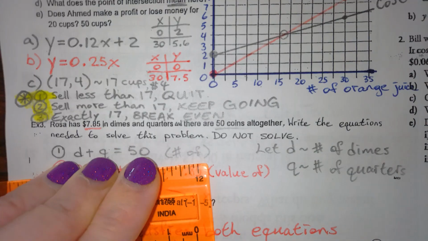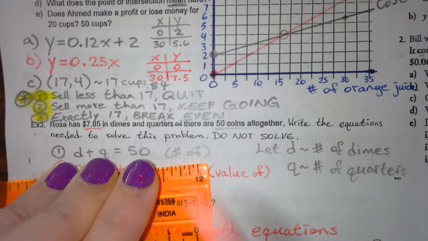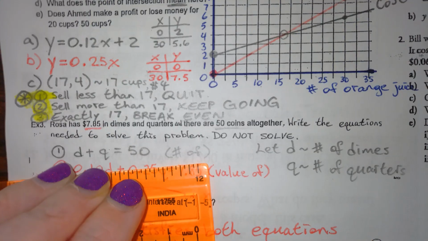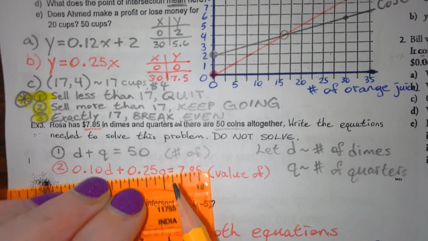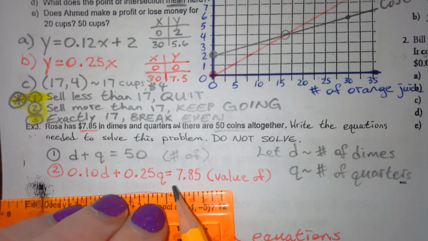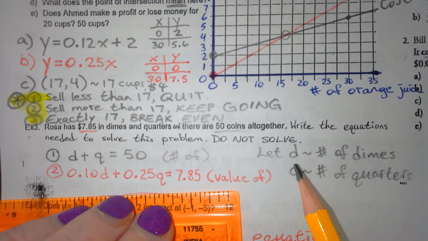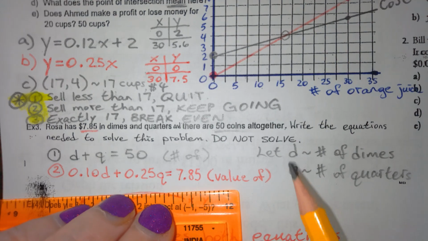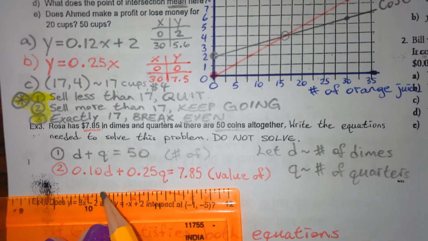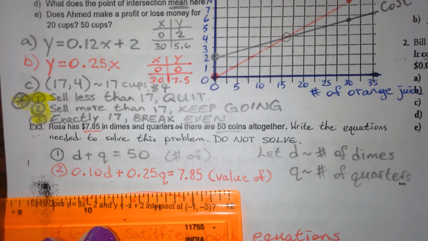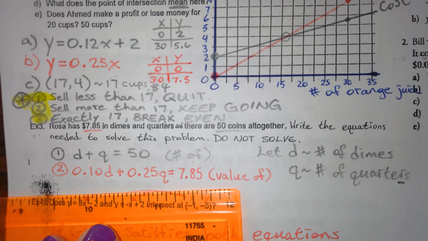What's the value of those coins? $7.85. Right. Okay. But at the beginning, we already set D and Q instead of x and y. So in your second equation, you want to use the same variables as well. But good. All right. Good job.